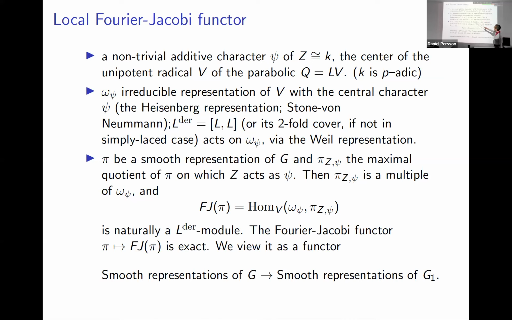Unfortunately, if you are not in a simple case, then you really have to use a double cover here, like in the symplectic case. And then the Fourier-Jacobi functor, what it does is the following.